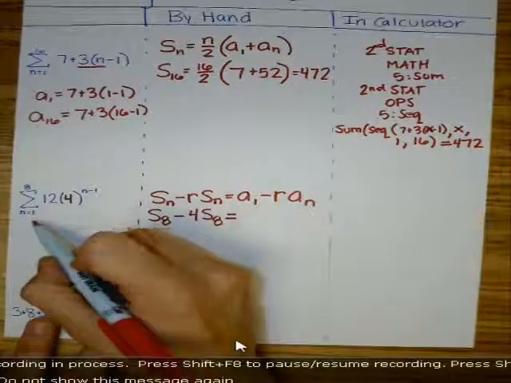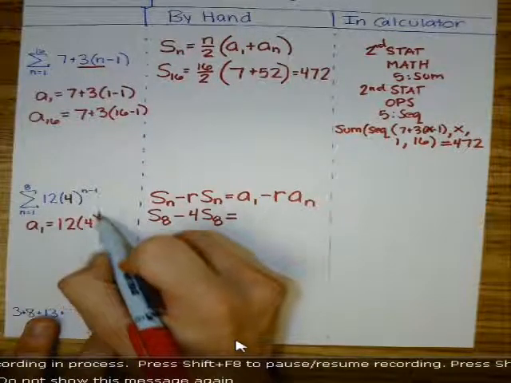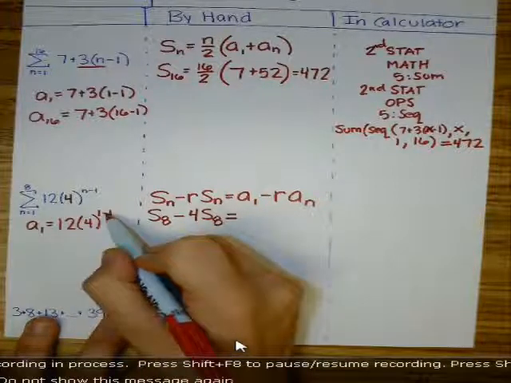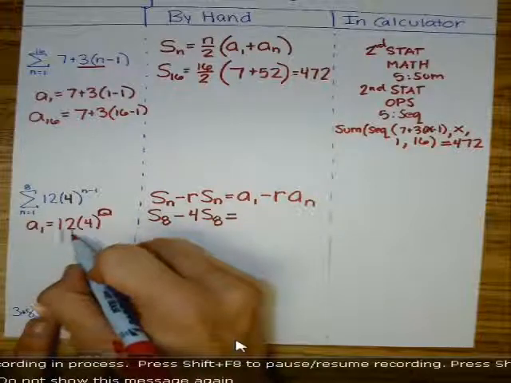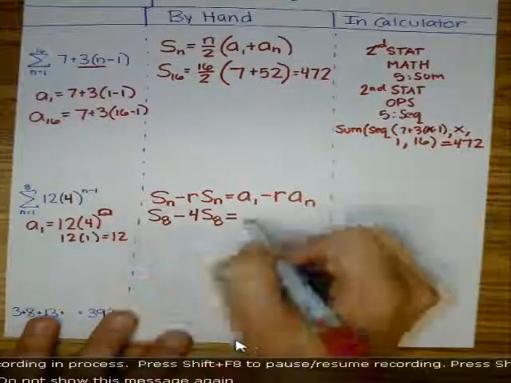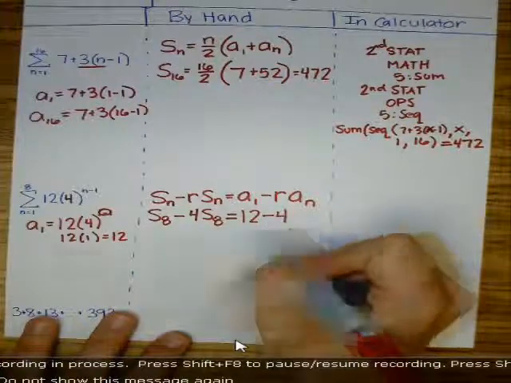My first term I'll need to calculate. A sub 1 is 12 times 4 to the power of 1 minus 1. 1 minus 1 is 0. 4 to the power of 0 is 1, so 12 times 1 is 12. Minus my common ratio of 4 again.